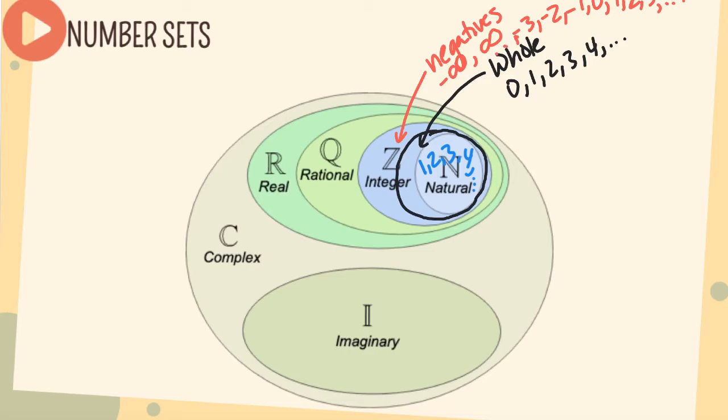All right, the next type of number is called a rational number, and these include fractions and decimals. And these include fractions and decimals that can be written as fractions.